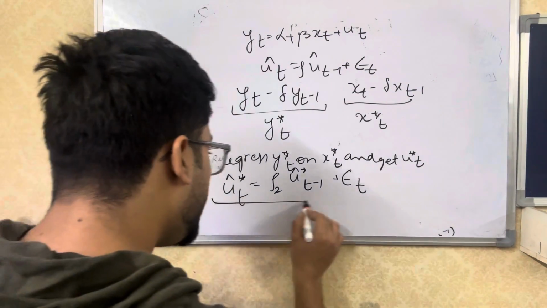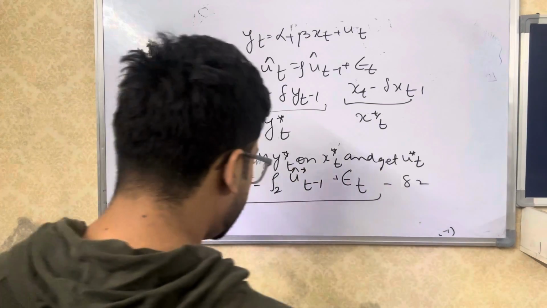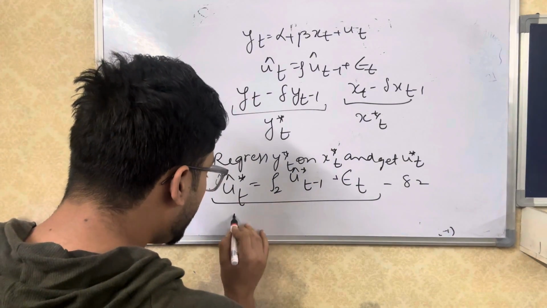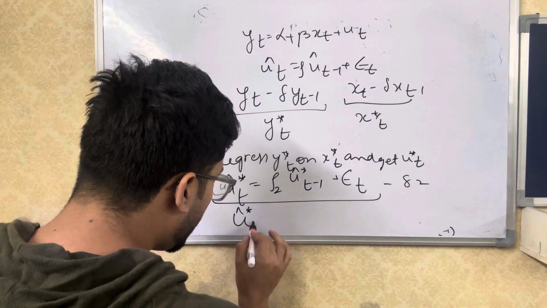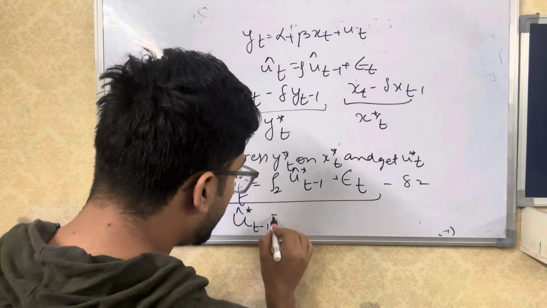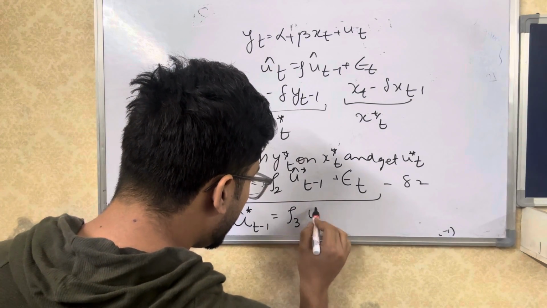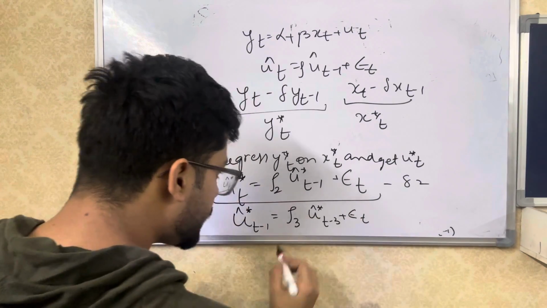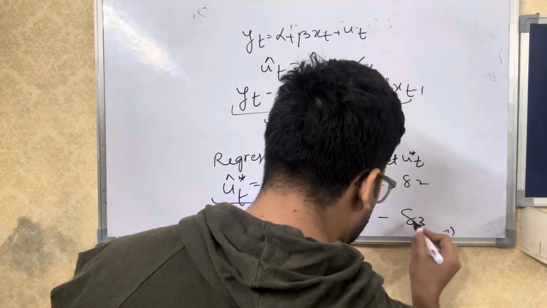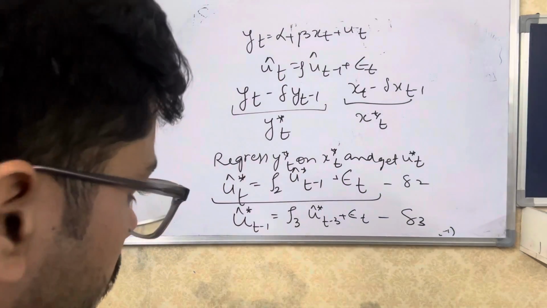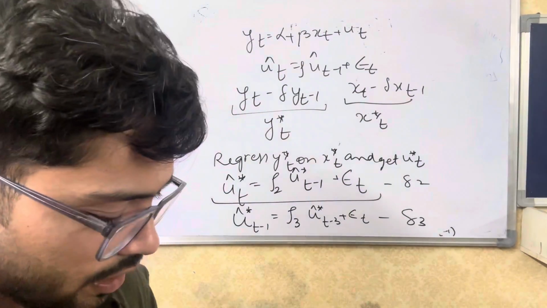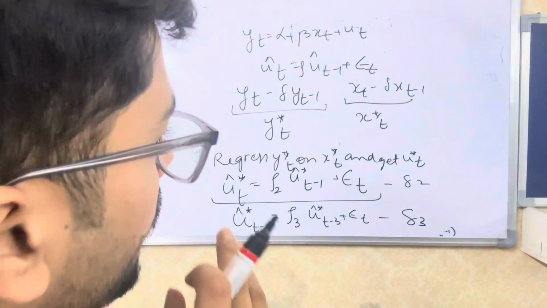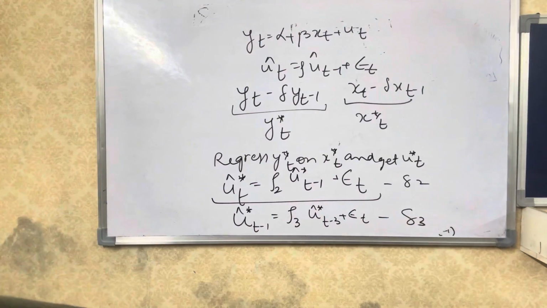So in this particular equation you will find rho 2, okay, and this particular u star t minus 1 will be correlated with u star t minus 3. So you will get rho 3, and this way you will get up to rho n. But when do you stop? The question is, when do you stop?